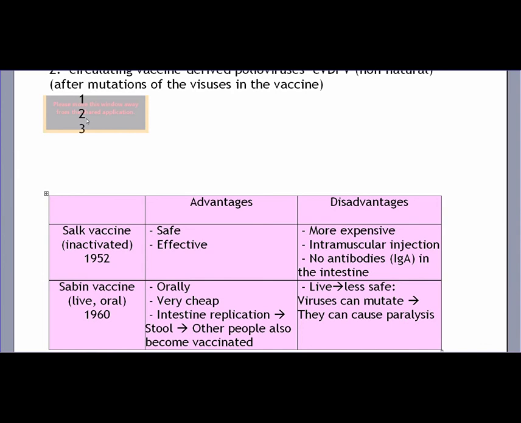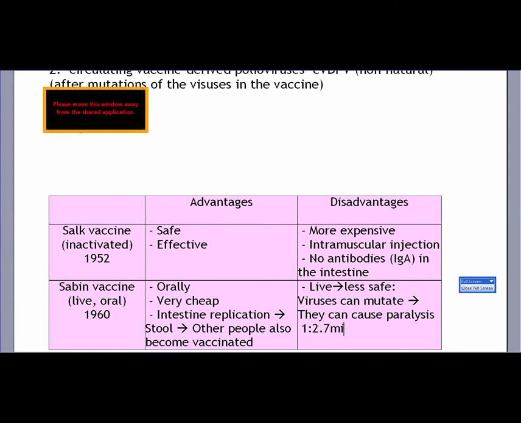However, how often does this happen? One case every 2.7 million cases. So this is ridiculous. How much is this? 0.00004%. So nothing. So very few people will suffer this complication.